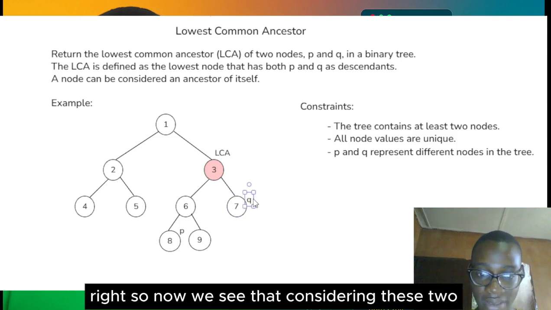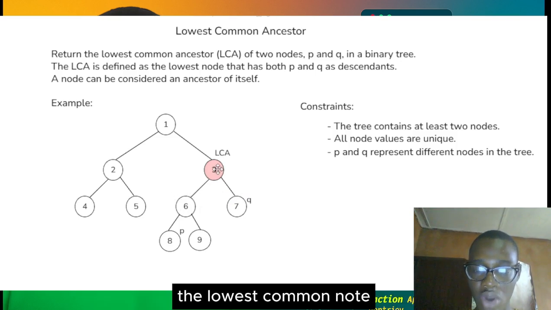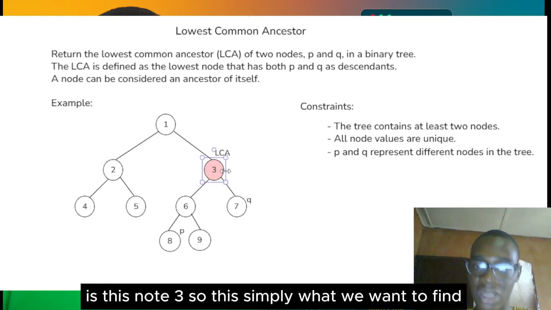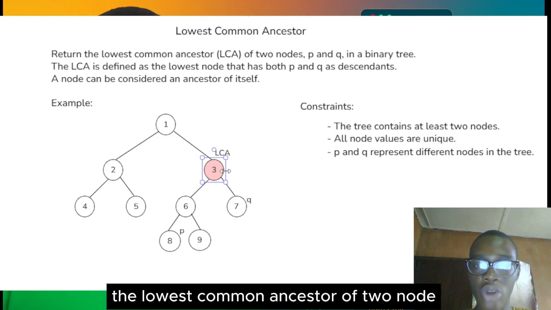Considering these two, the lowest common node that is an ancestor of both P and Q is this node 3. So this is simply what we want to find, the lowest common ancestor of two nodes P and Q in a binary tree.